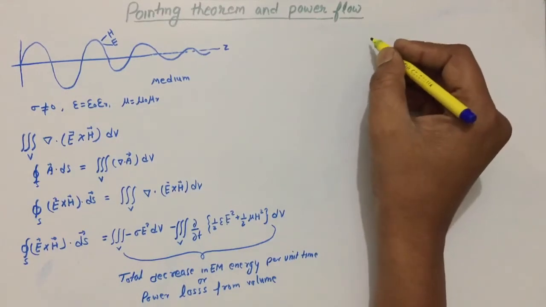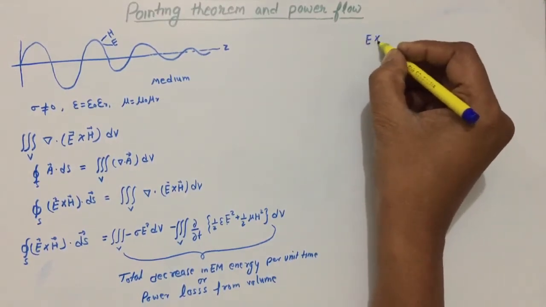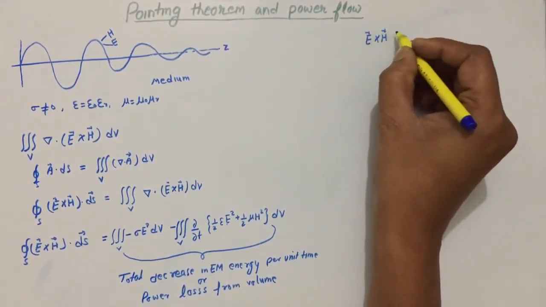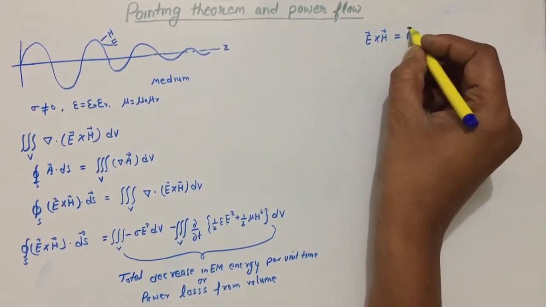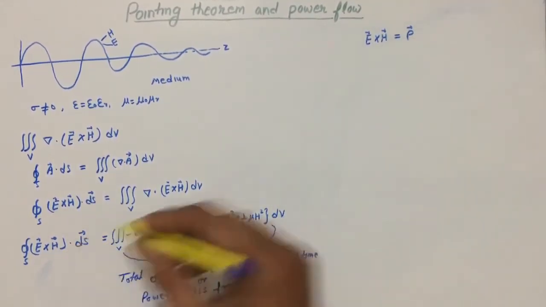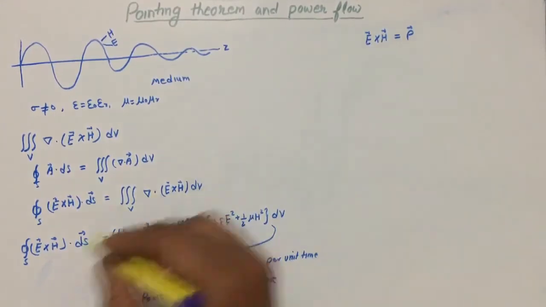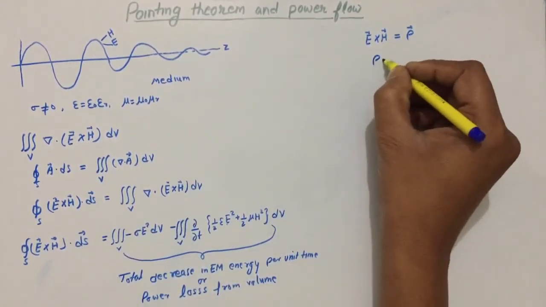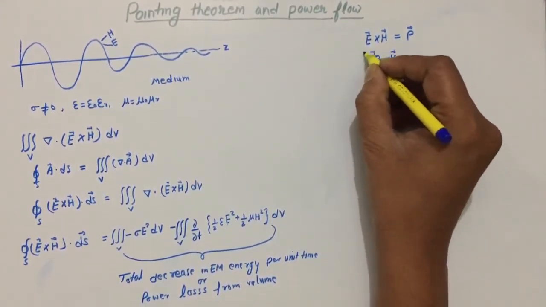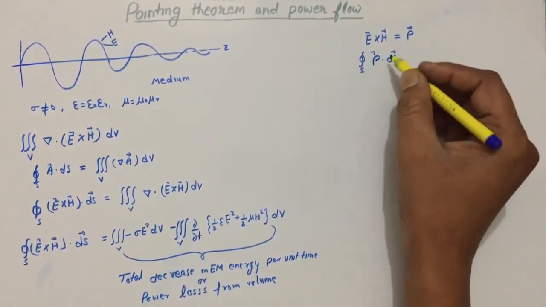Now let us write E cross H as a third vector that is named P. Now put P in place of E cross H. We have P dot ds. What is this?